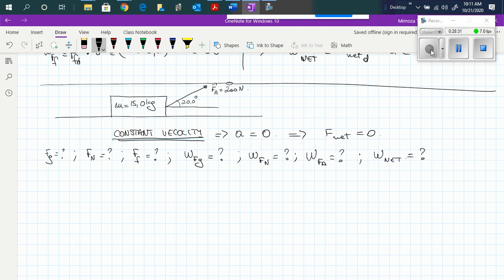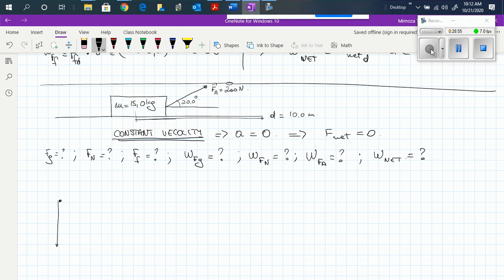What can you say about work net without doing any calculations? It is 0 because the force net is equal to 0. And just to make it a bit more complicated, we can say that the displacement is 10 meters in the east direction. Okay, so let's start with a free body diagram.